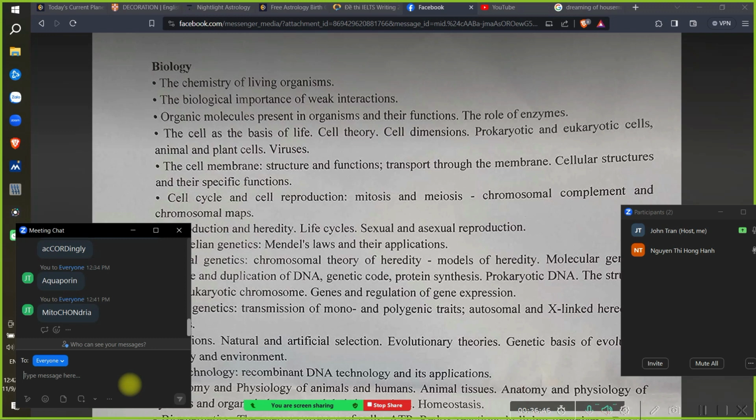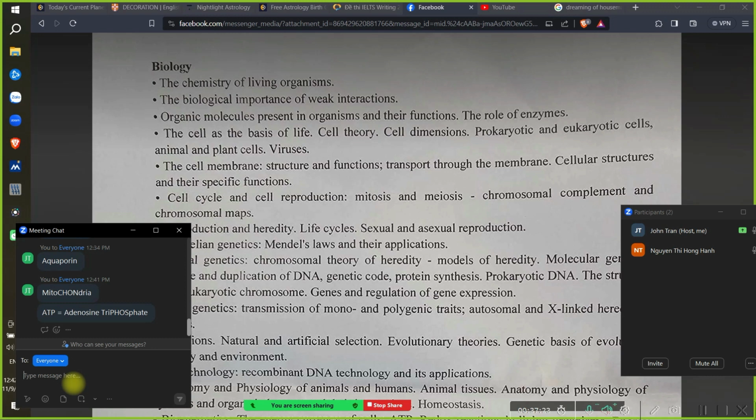It takes the energy stored in fats and carbohydrates and converts it into a molecule known as ATP, or adenosine triphosphate.